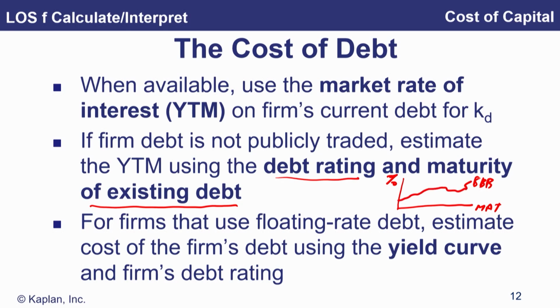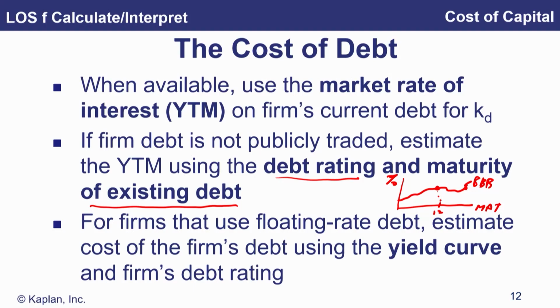And it looks like that for some odd reason. Well, it wouldn't look like that, but okay. And so we say, well, we're going to issue 12-year debt. So we go out here to 12 years. We go up to the right here and find out, well, what's the yield in the marketplace currently on 12-year BBB debt? Debt rating and maturity approach.